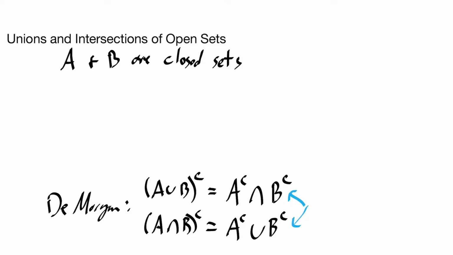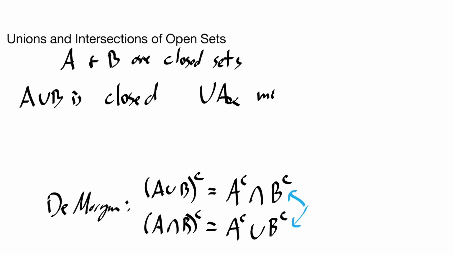For open sets, when we took the union of them, it was still open, and even when we took an infinite union, it was still open. But for closed sets, it's going to be the opposite. A union B is closed, but an infinite union might not be.